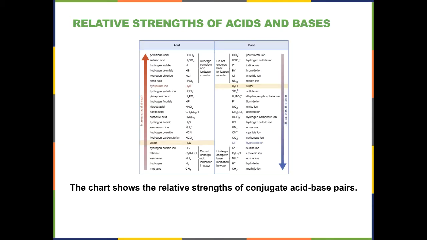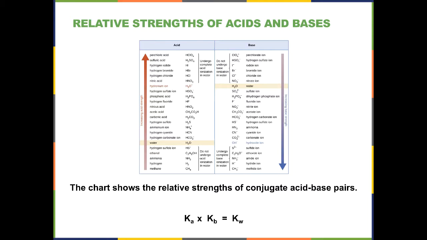Now the interesting thing is that as you increase the strength of an acid, you decrease the strength of the conjugate base, and conversely, as you increase the strength of the base, you decrease the strength of the conjugate acid. And that's exactly what this table tells you.